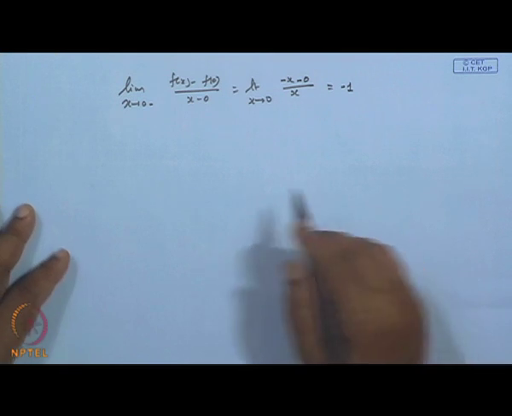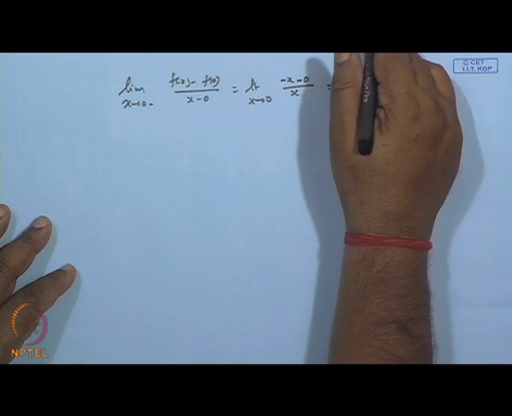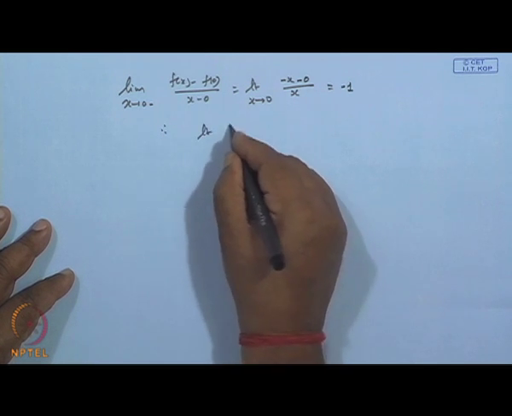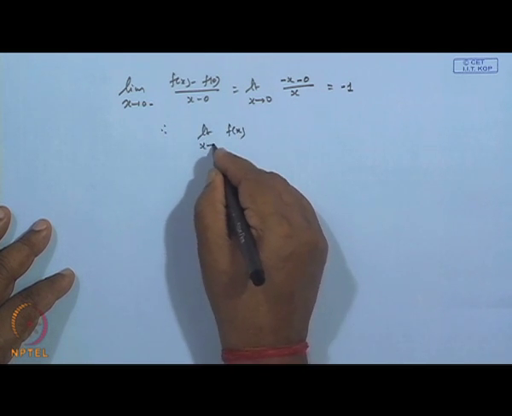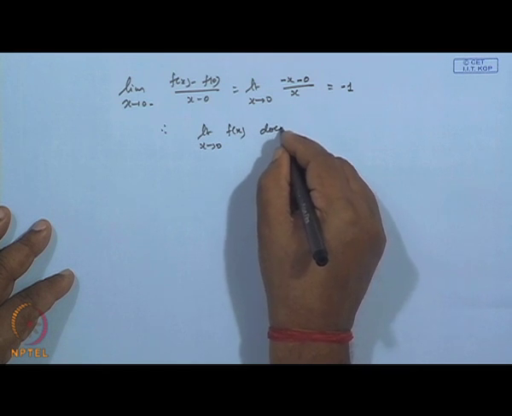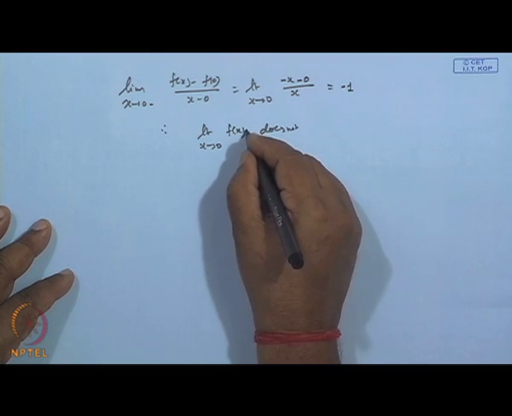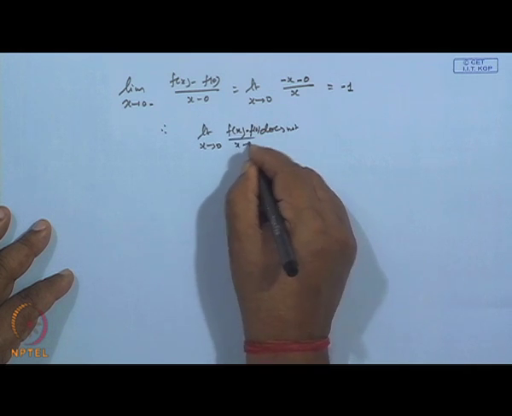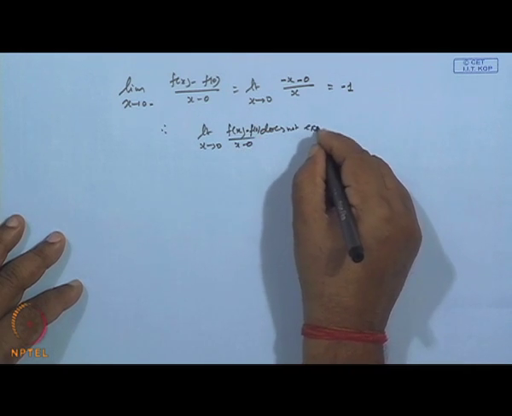So the right hand limit comes out to be +1, and the left hand limit comes out to be -1. Therefore, the limit of (f(x) - f(0)) / (x - 0) as x tends to 0 does not exist.